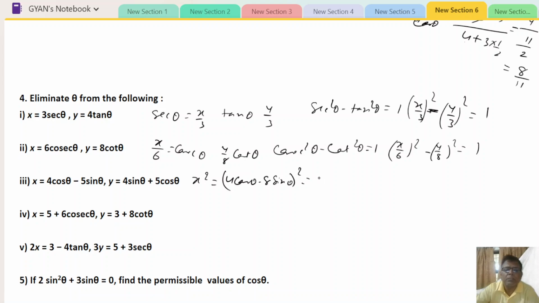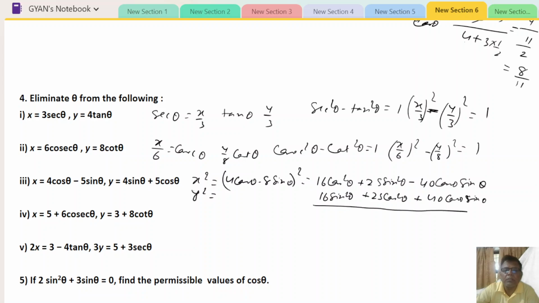So that is 16 cos square theta plus 25 sin square theta minus 40 cos theta into sin theta, and similarly y square is equal to 16 sin square theta plus 25 cos square theta plus 40 cos theta into sin theta.